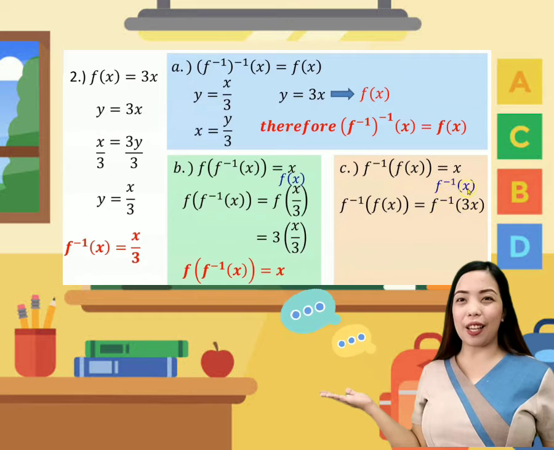But f inverse of x is equal to x over 3. Our x here is equivalent to 3x. So we are going to replace this with 3x. So 3x over 3. 3 and 3 will be cancelled out. Therefore, f inverse of f of x is equal to x.